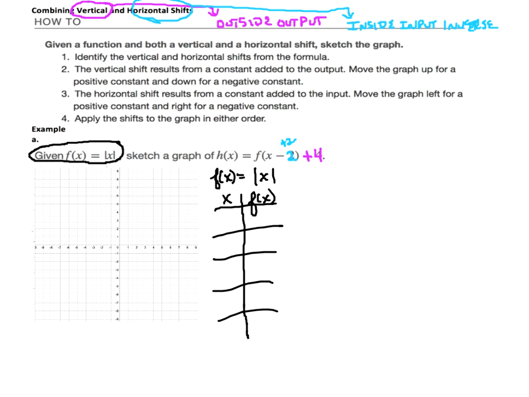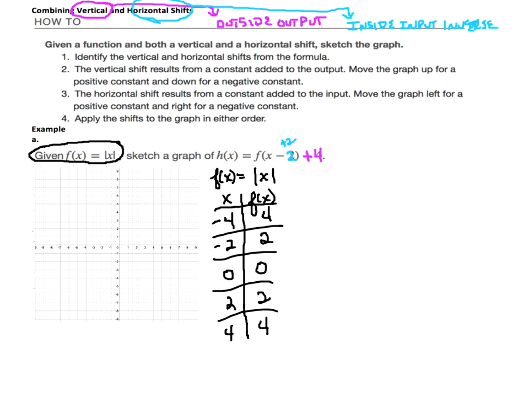We'll start out with negative, let's do -4 just to spread this out a little bit, -2, 0, 2, and 4. The absolute value of -4 is 4. The absolute value of -2 is 2. The absolute value of 0 is 0. Absolute value of 2 is 2. Absolute value of 4 is 4.